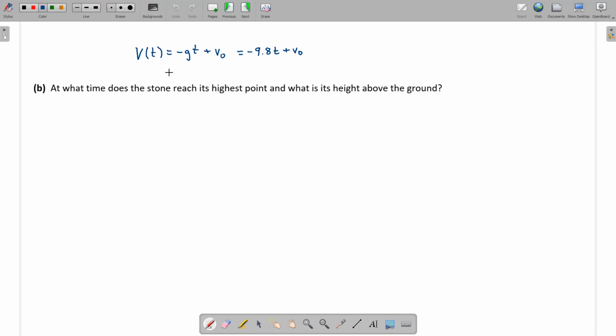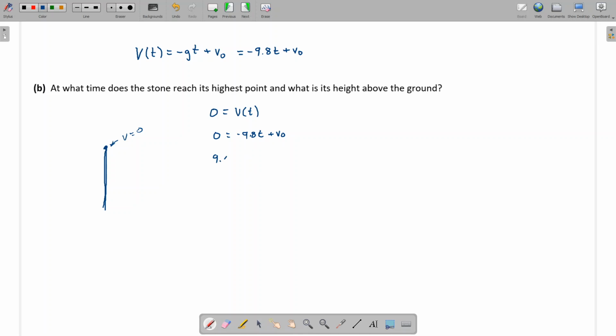The calculus approach would be that when the object is going up, it hits its highest point and it briefly stops and then comes back down. When it stopped, that is when the velocity was equal to 0. So the highest point will be found when we solve the equation 0 equals v of t. In other words, 0 equals negative 9.8t plus v naught.